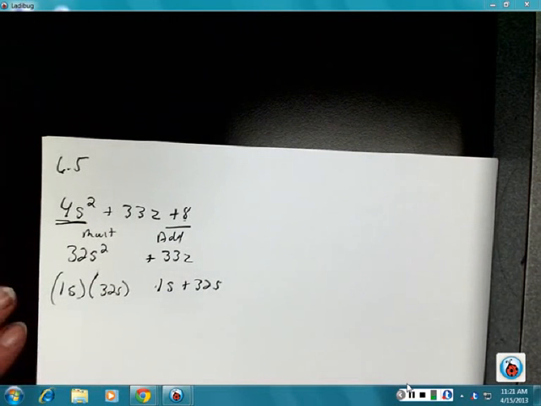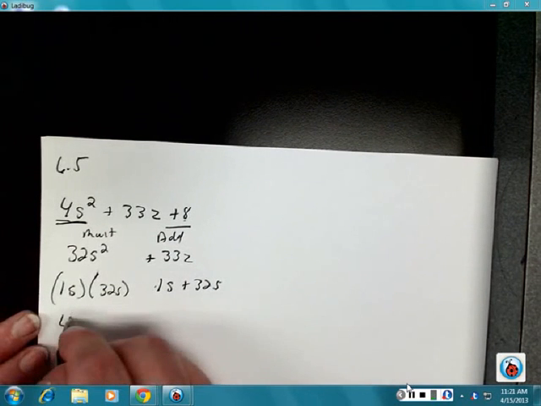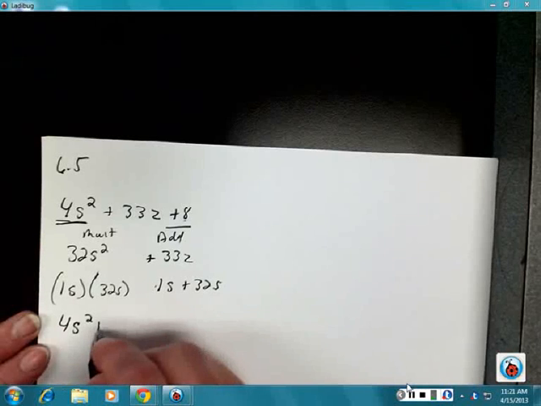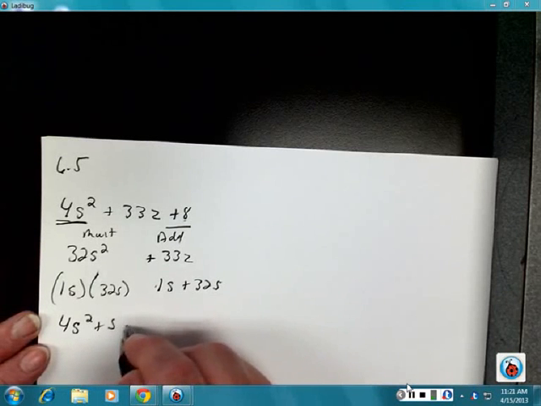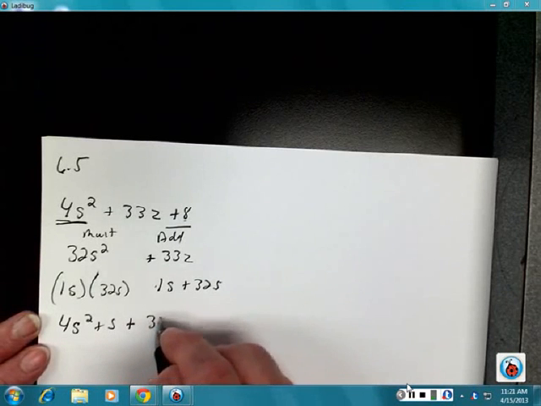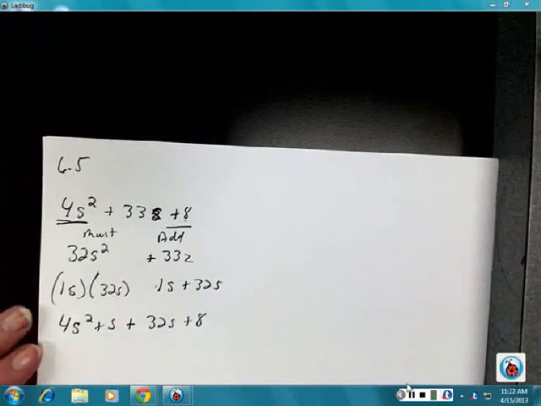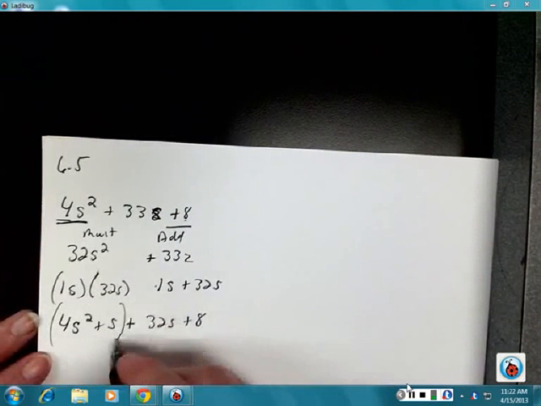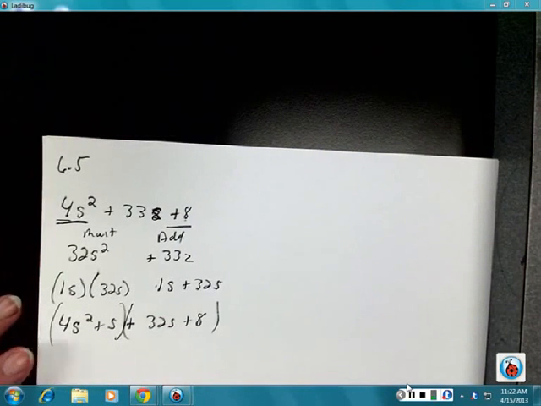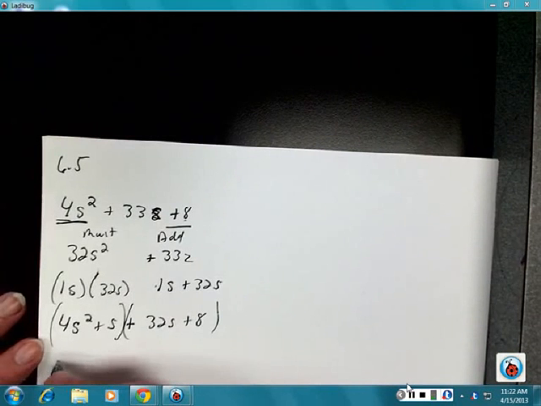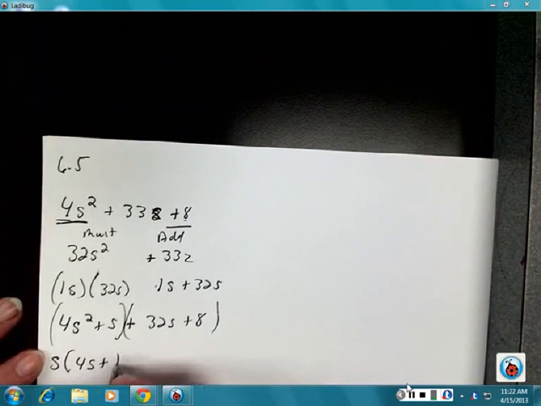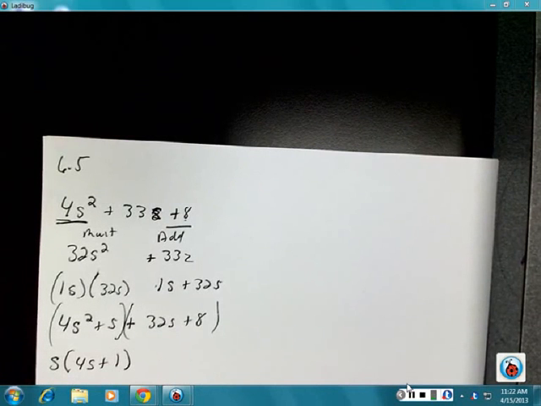Now what do I have to do to that part? You're going to put it back in the formula. 4s squared plus 1s plus 32s plus 8. And you want to factor it. Group in 2's. What can I pull out of the first one? We can pull an s out, so it'll be s times 4s plus 1.